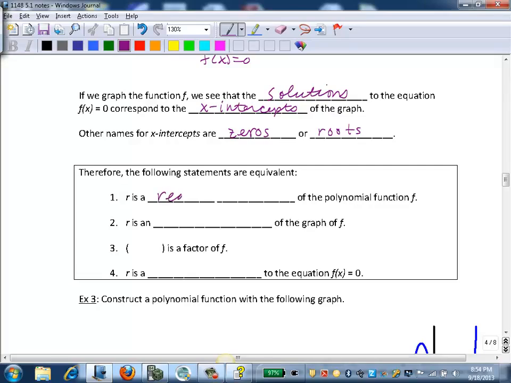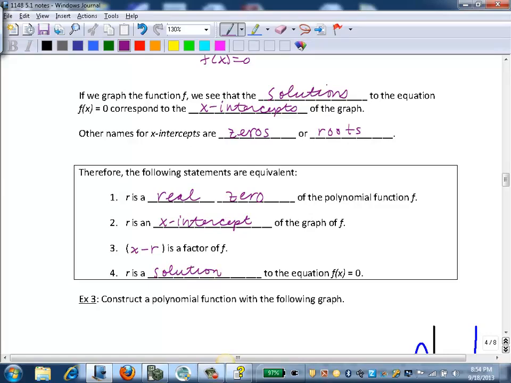If r is a real zero of the polynomial function f, and real, we will talk about non-real solutions later, but for now we're talking about real zeros, that means then that r is an x-intercept of the graph of f, and then x minus r is a factor of f, and finally that also means that r must be a solution to the equation f of x equals 0.